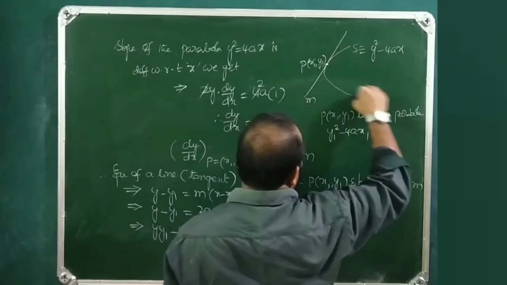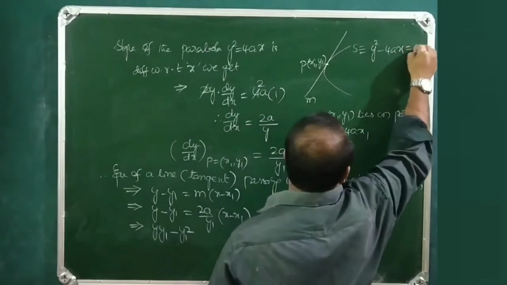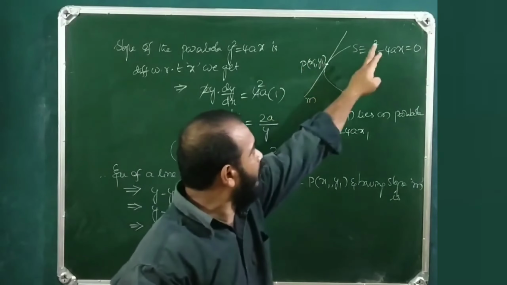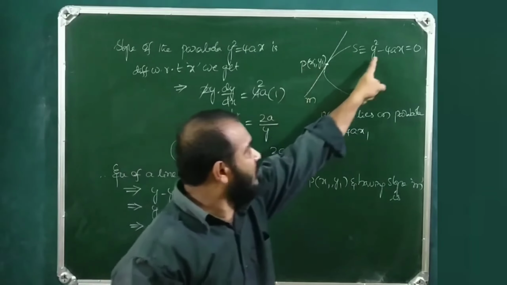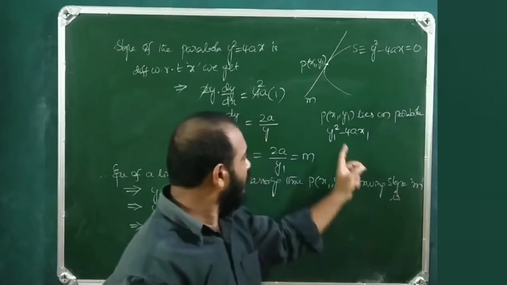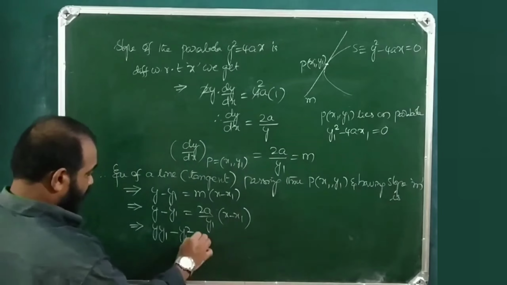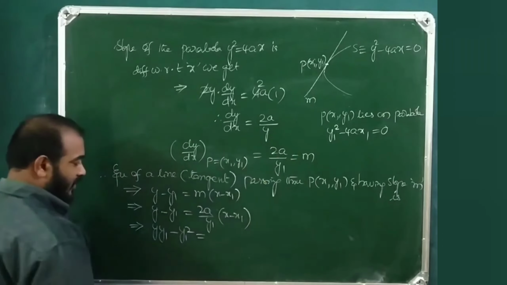So this is the parabola y square equals 4ax, and since this point lies on the parabola, it has to satisfy the parabolic equation. So y1 square minus 4ax1 equals 0. You bear that in mind.